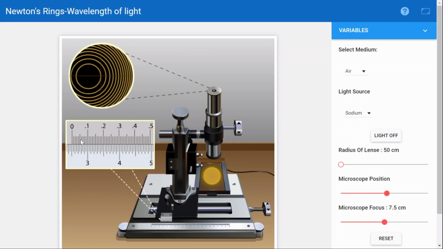Now you have to see which division of the vernier is intersected with your main scale division in a proper manner. If I choose, let us say, the 12th reading over here, I can see clearly that my 12th point of intersection of the vernier scale is properly matched with my main scale.